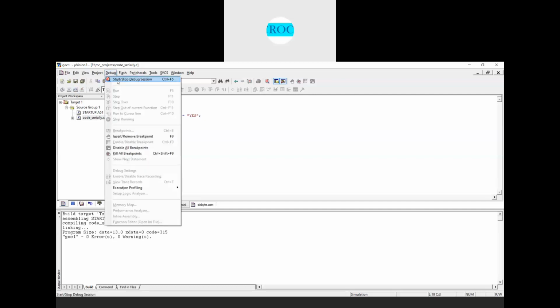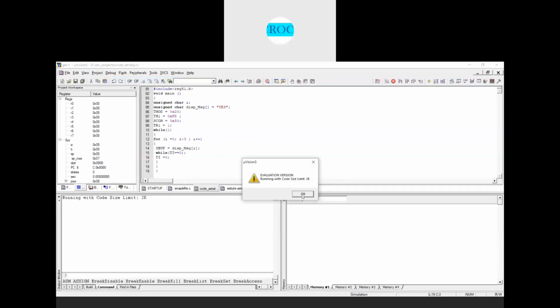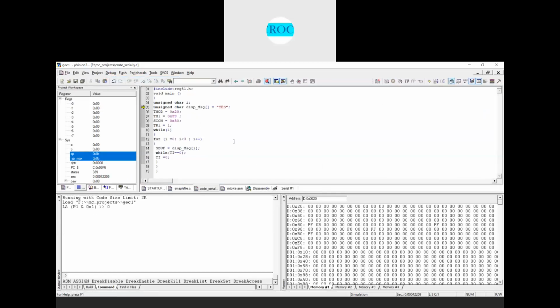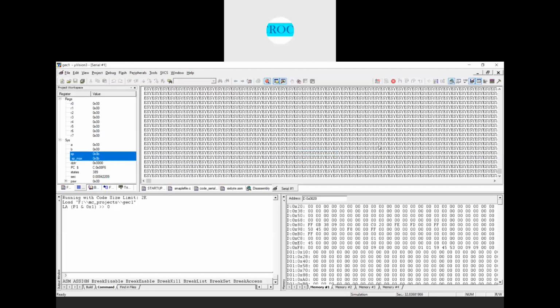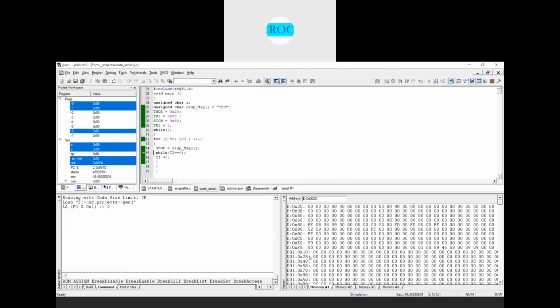Now go for the debug to see whether it is logically correct or not. Now run this code. When you run it, go to the serial window, and I can see here that YES is transmitted. This is how you write an assembly code and also the C code here.